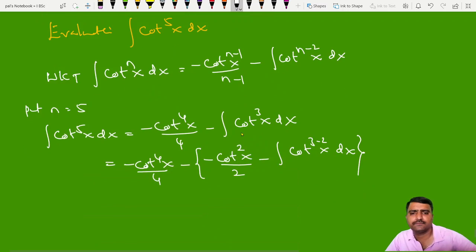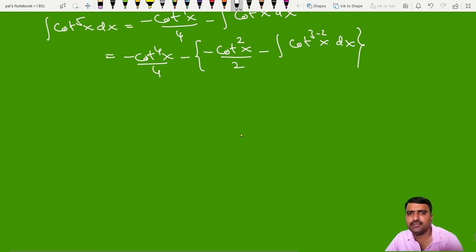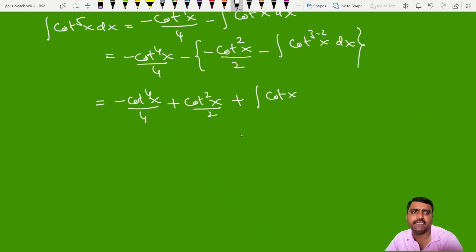Now this is minus cot to the power 4x by 4. This is minus of minus plus cot square x by 2 minus of minus plus integration of cot x. 3 minus 2 is 1, cot x dx plus constant.